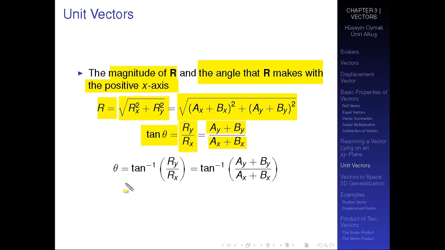Or, as we previously discussed, theta is obtained as the inverse tangent of the ratio Ry over Rx, or in terms of the components of A and B, it is the inverse tangent of Ay plus By divided by Ax plus Bx.